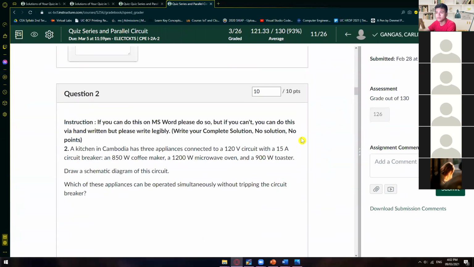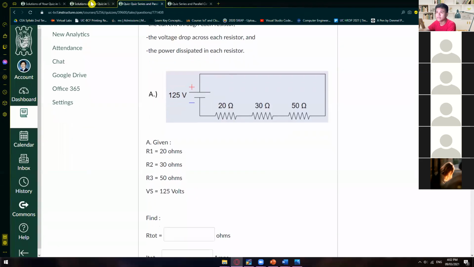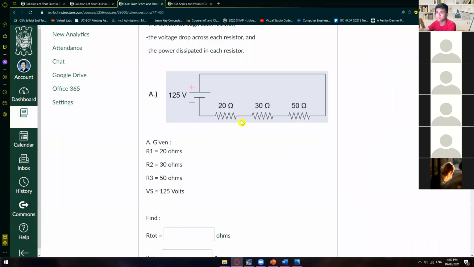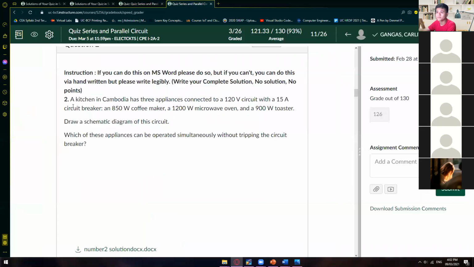And for the number two, I'm asking you guys to create a schematic of this problem. So a kitchen in Cambodia has three appliances connected to a 120 volts circuit with a 15 amp circuit breaker.